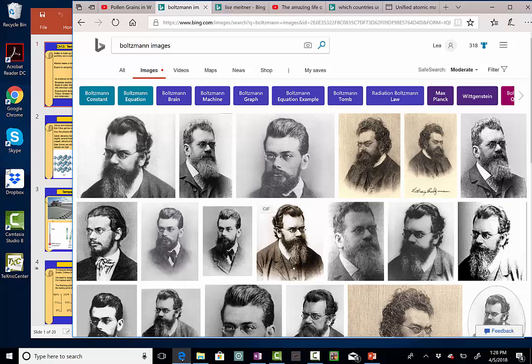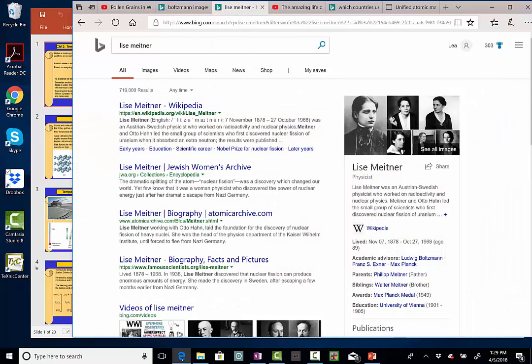And since I'm mentioning Boltzmann, I would like to tell you about this other person here who is very special, Lise Meitner. Lise Meitner was Boltzmann's student, and she was one of the first women to go to a university, the University of Vienna, one of the first women to become a university professor. She was an incredible physicist.